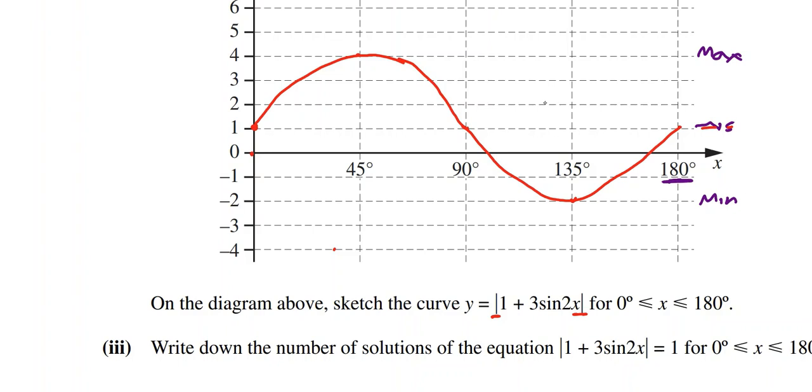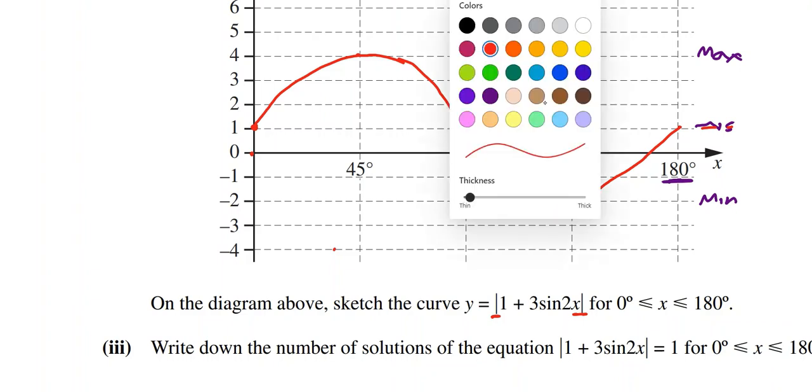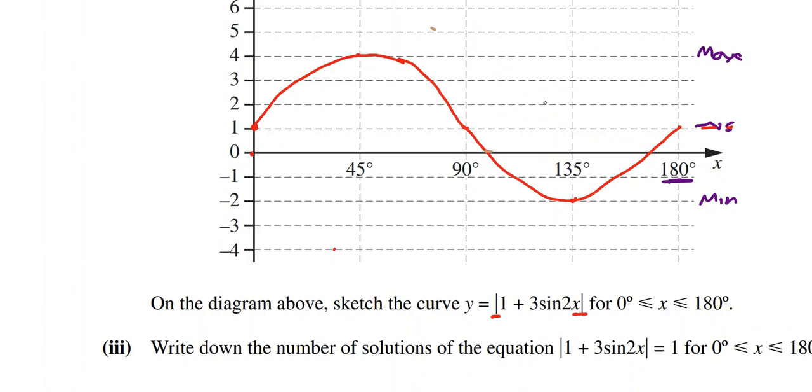All right, because of the absolute, what will happen is that the negative part, let me change the color for the negative part. Okay, this negative part starts from here, so this will get reflected and become positive because of the absolute. The one which was positive remains positive, but the one which was negative also becomes positive.